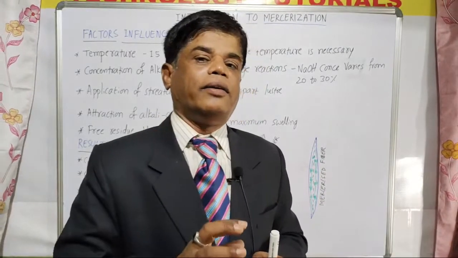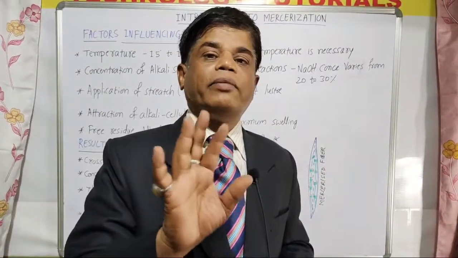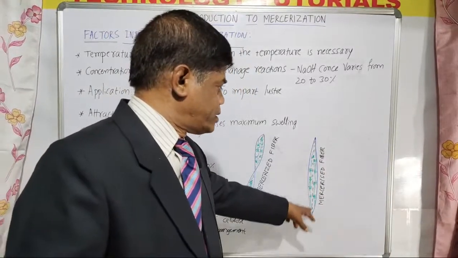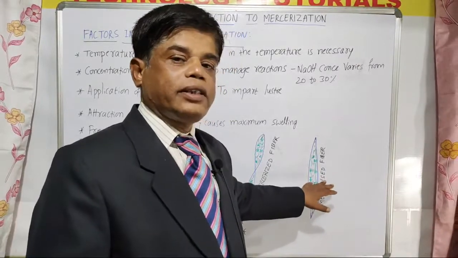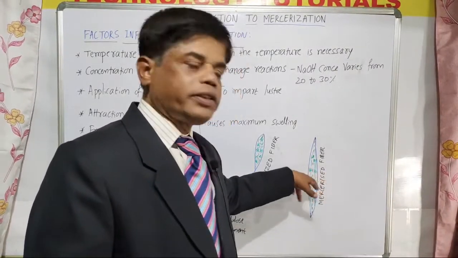At that time the fibers are round like this; the cross section of the fibers in the pod in the wet condition is circular.